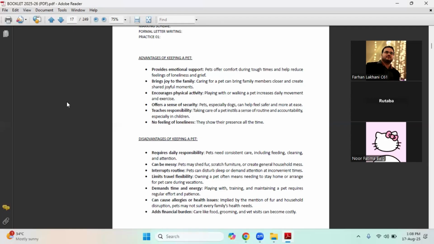I found 4 advantages and 5 disadvantages. Okay, perfect. No issues. See, if you have managed to find five advantages out of six, you're good to go. Maximum content found. If you have found five disadvantages out of seven, you're good to go. Perfect. Please remember, at least five should be there.